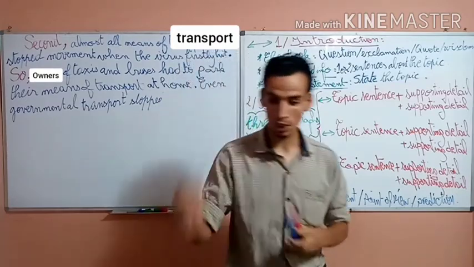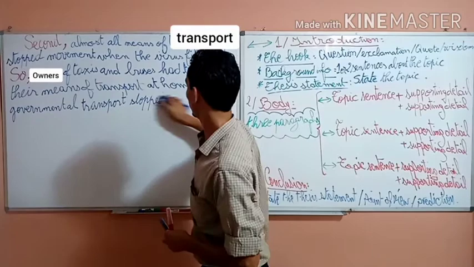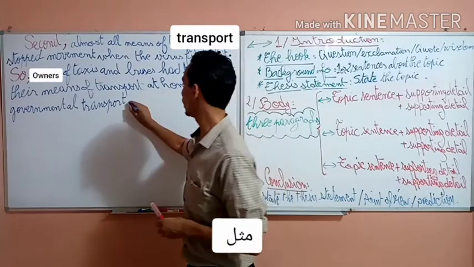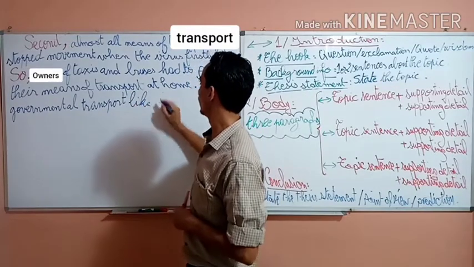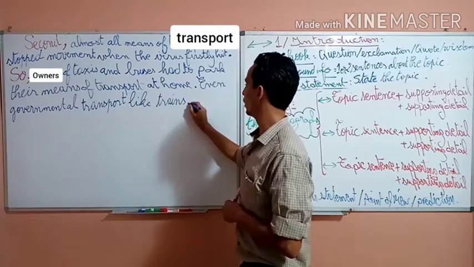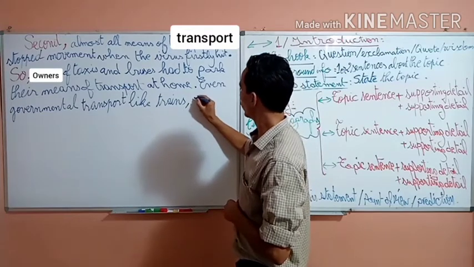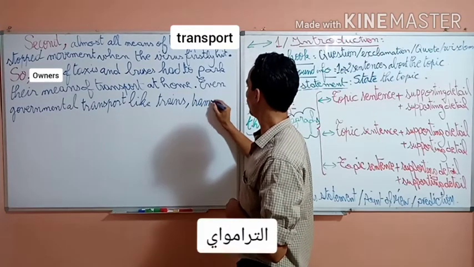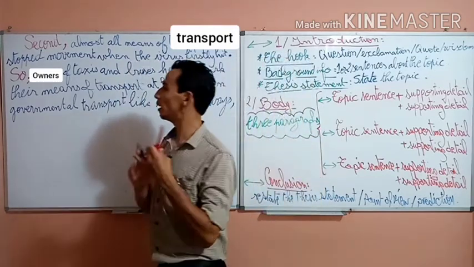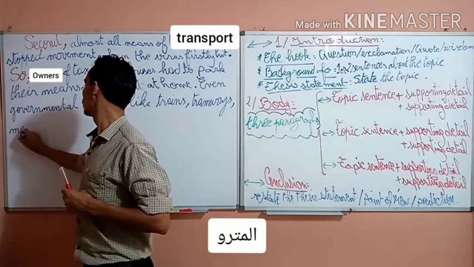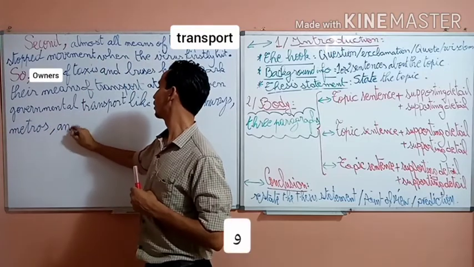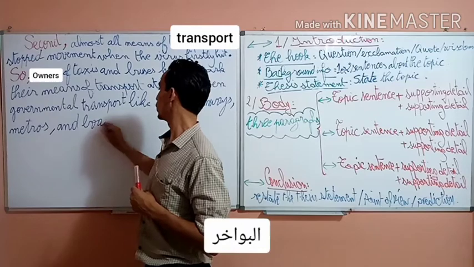We give examples. So we said even governmental transport like trains, comma, tramways, comma, also metros, and boats.